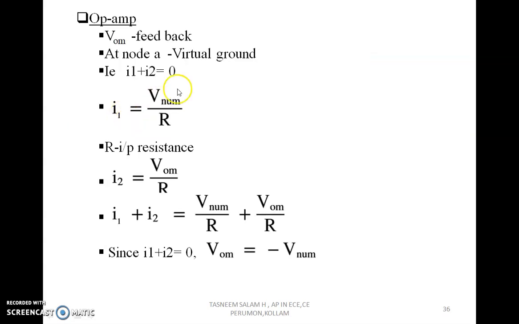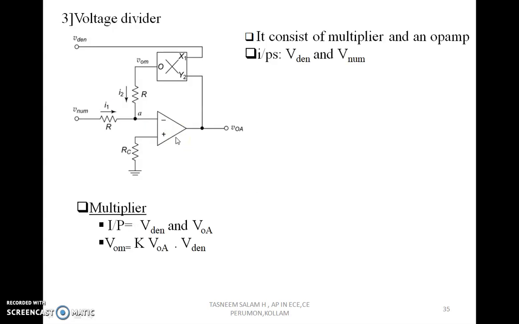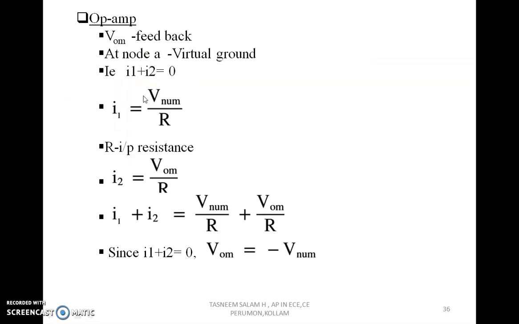I1 is equal to Vnum by R and I2 is equal to VOM by R. Therefore, summing this and equating it to 0, we will get VOM is equal to minus Vnum.